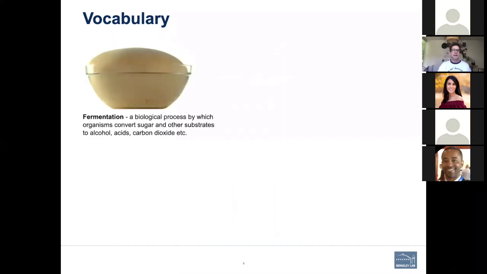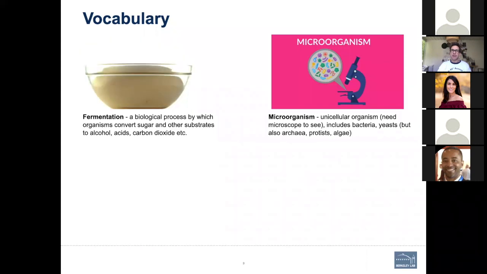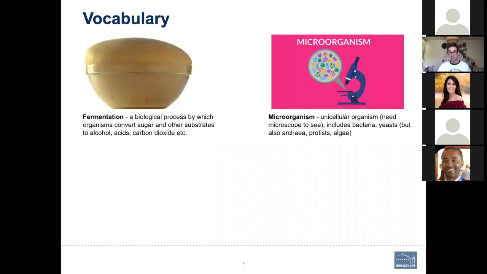Now, fermentation is a biological process by which organisms convert sugar and things like the starch in your flour into stuff like alcohol, acids, carbon dioxide, etc. And what is a microorganism? It's a unicellular organism that you usually need a microscope to see, and it includes bacteria and yeasts that we'll be using in our sourdough experiment, but it also includes things like archaea, protists, and algae.